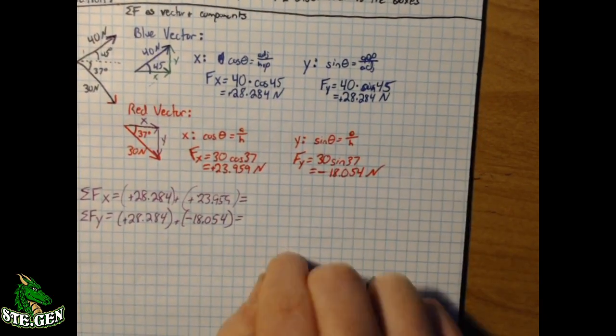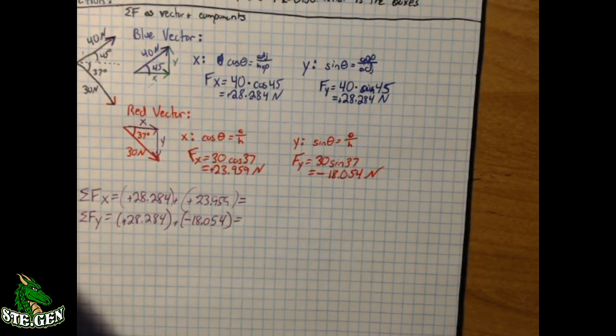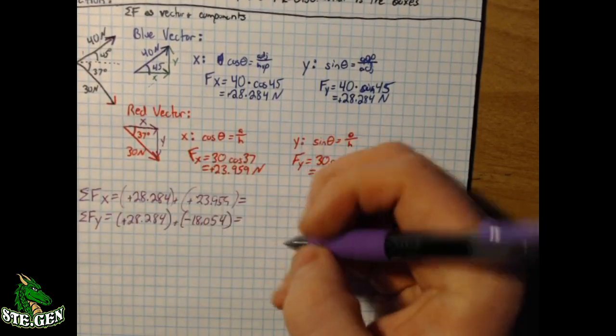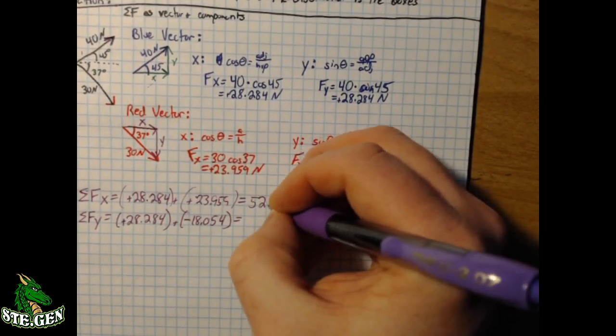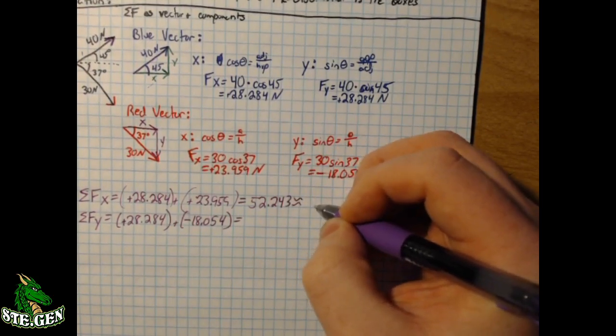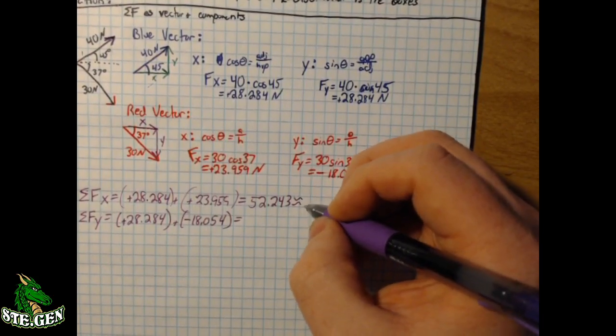So as components, this will be our answer that we'll get, 28.284 plus 23.959. And I'm not holding values, so my answers will be rounded in this case. We got 52.243, which is based on my original problem. I think I have it as 3 sig figs on my example in the actual notes.